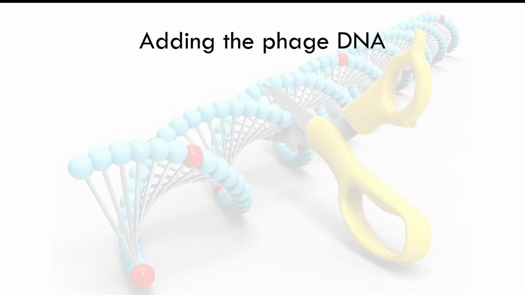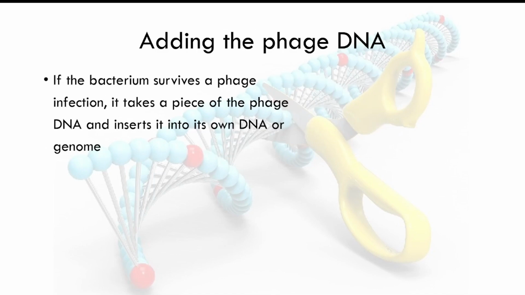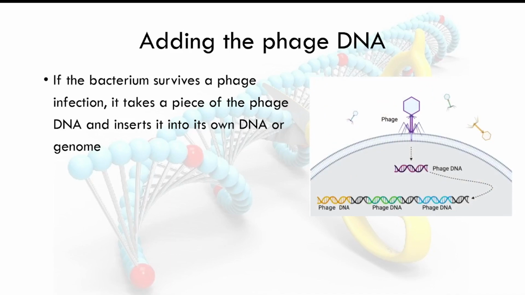So this is the amazing part. This is where they add that piece of phage DNA into their genome. It takes that little piece and inserts it into its own DNA genome. This is how it does it. It grabs the phage DNA that it's injected, and this is second time round, of course.